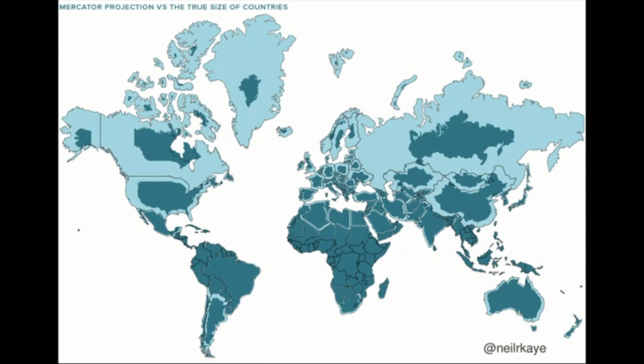Greenland, for example, up the top, in a Mercator projection, appears to be about the size of Africa, if not larger, when in reality, Greenland is only slightly larger than Alaska and is only 1/14 the size of Africa. So it is enormously stretched in this Mercator projection. Russia, while still being the largest country on the face of the earth, is actually much smaller than it appears. It's very comparable to the country of China or Canada.